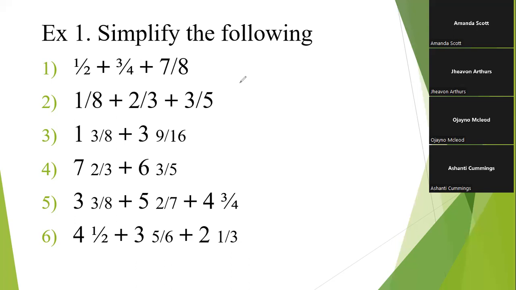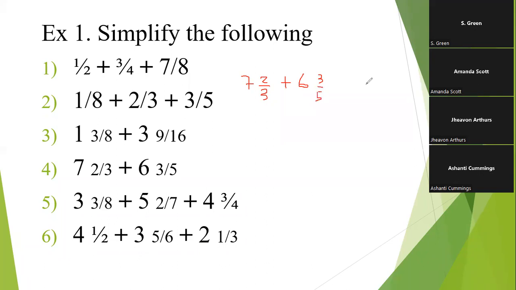All right, so let me rewrite the question on the right-hand side. So we have 7 2/3 plus 6 and 3/5.